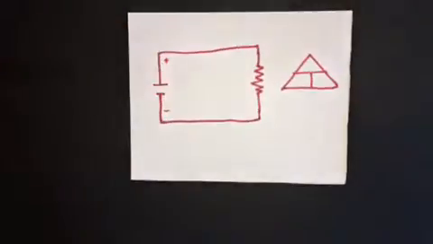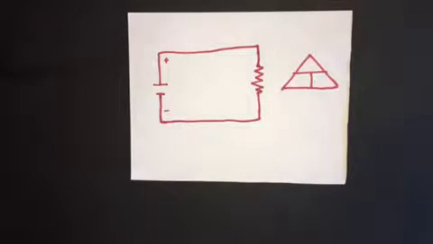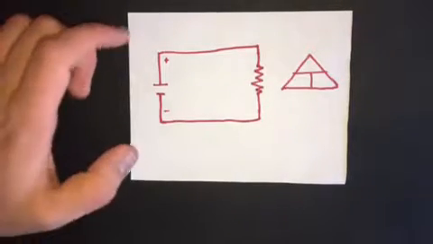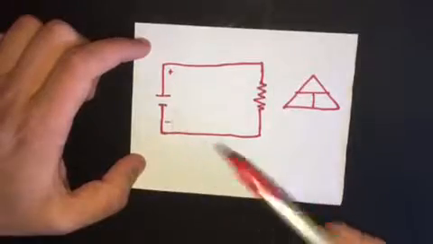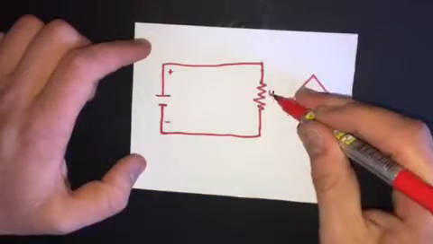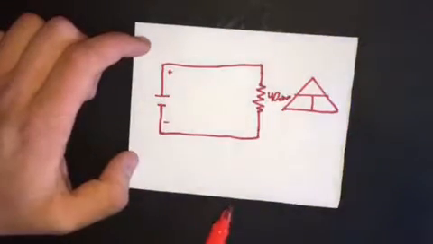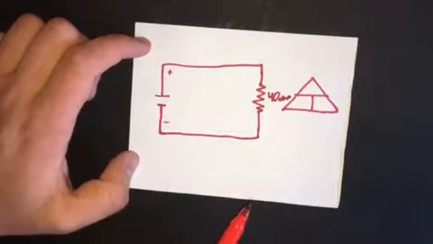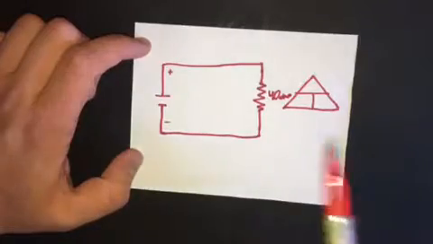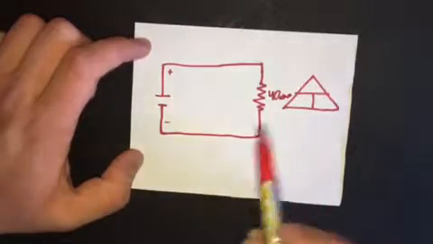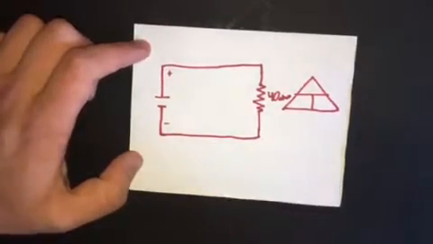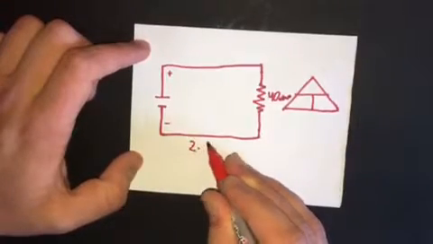Here we have another circuit. This time let's imagine that instead of having this and this, we have the value of the resistor, which is going to be 40, and we're also going to have the value of the finishing current, which we want to be 2.5.